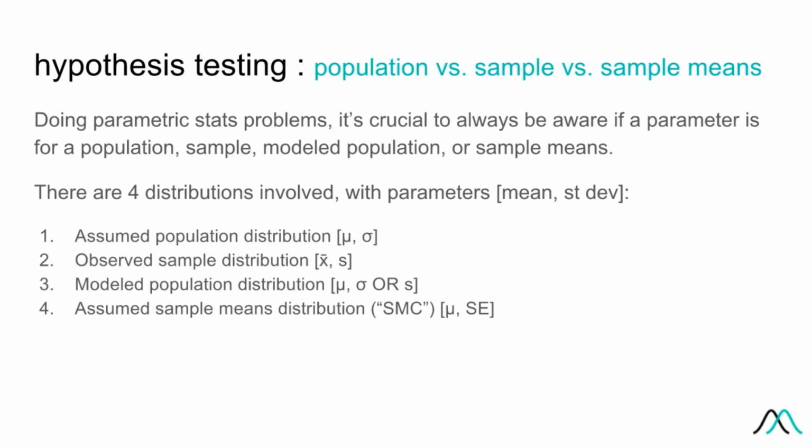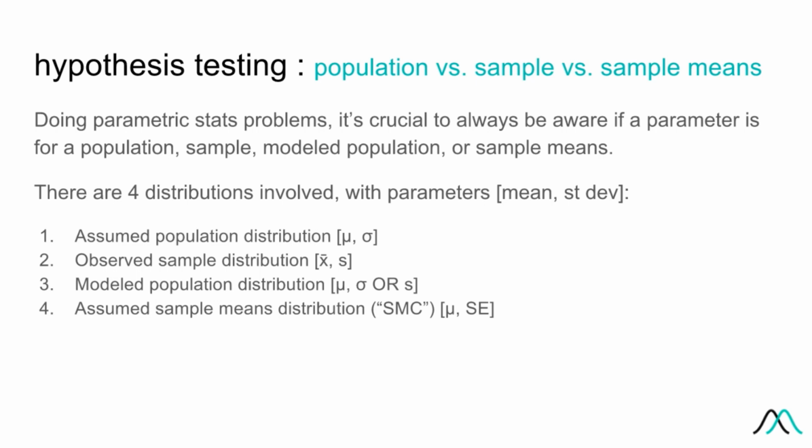Note that the normal model in general, and z-scores, can be applied to any of these distributions if they are normal. But the first 3 distributions don't necessarily have to be normal. However, the central limit theorem, as we saw, has it that the SMC will be normal. So 4 is always normal.